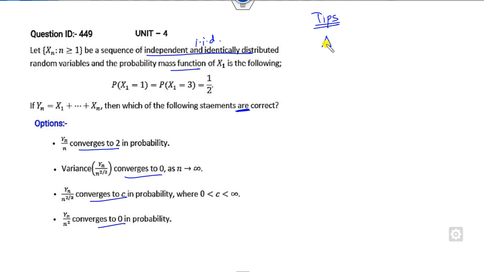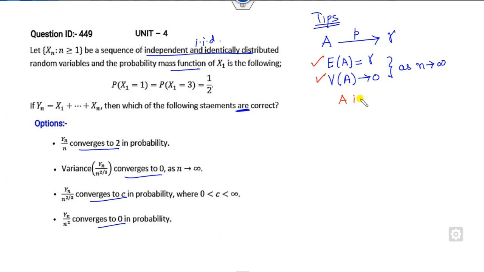Remember, if you want to prove that A converges to, say, gamma in probability, you have to show that the expected value of A is gamma and the variance of A goes to 0 as n approaches infinity. Whenever these two conditions are satisfied, then you can say A converges to gamma in probability.